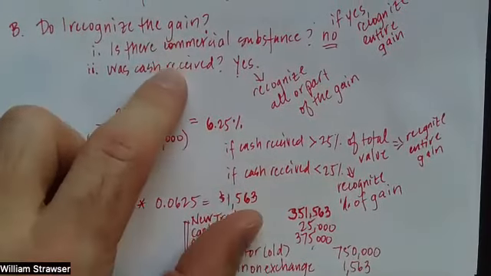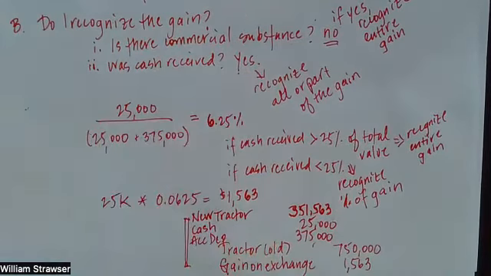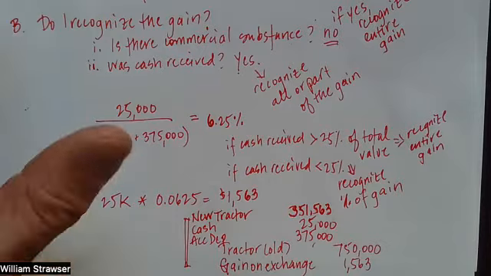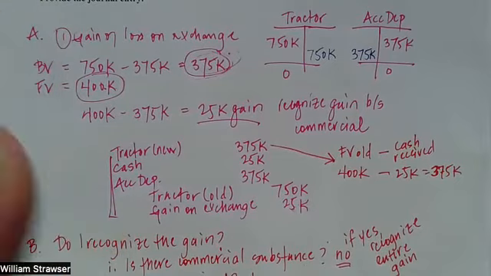If the answer to number 2 is no, if cash was not part of this transaction at all, then we just don't record a gain. It's off the table. If we have the commercial substance, we record the entire gain, and we always record a loss, whether or not there's commercial substance.